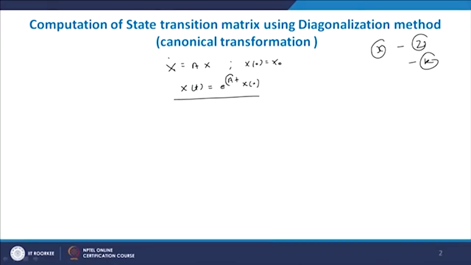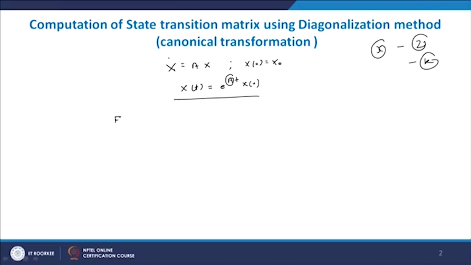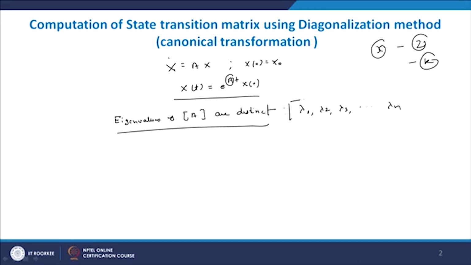First of all, we assume this matrix A has distinct eigenvalues, that is, the eigenvalues are not repeated. So we assume the eigenvalues of matrix A are distinct, say lambda 1, lambda 2, lambda 3 up to lambda n; they are different.